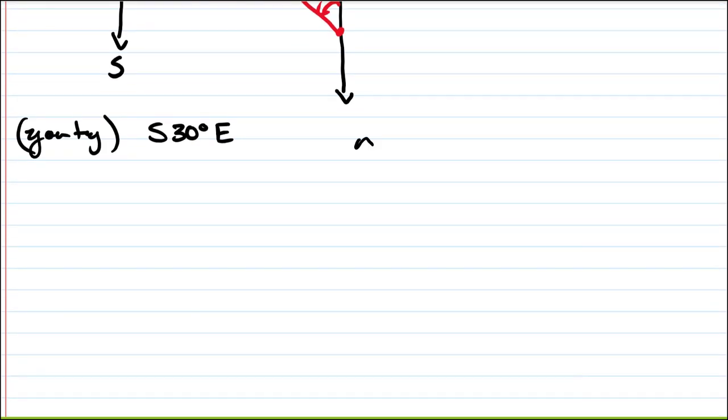Alright, so once again we draw our north-south line, and this time we have south, and we're going to go 30 degrees to the east. And that would be our angle, so 30 degrees east of south.